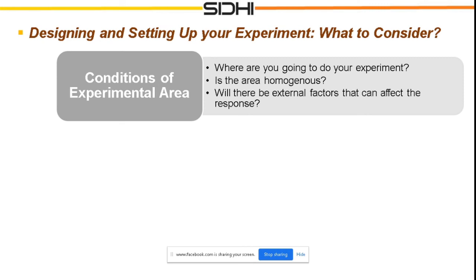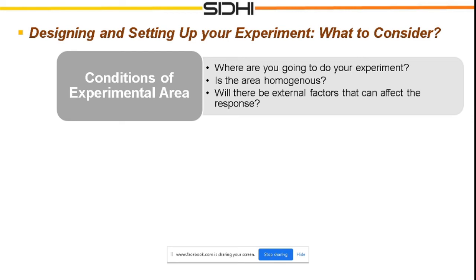So just an example here, based on my experience, I set up a drought experiment in our greenhouse. But I failed to consider the current environmental condition. Hindi ko ina-expect na masyado palang mataas yung relative humidity sa loob ng greenhouse.